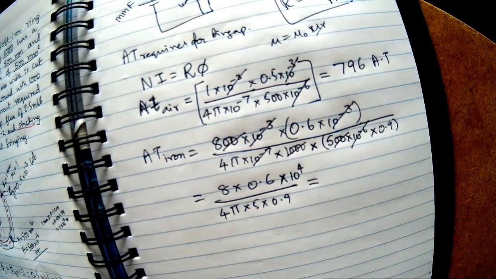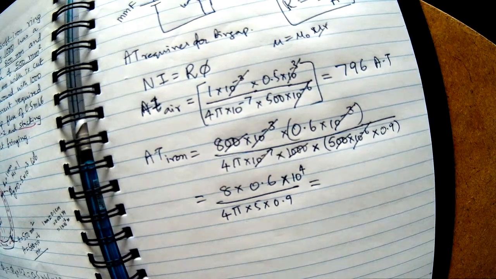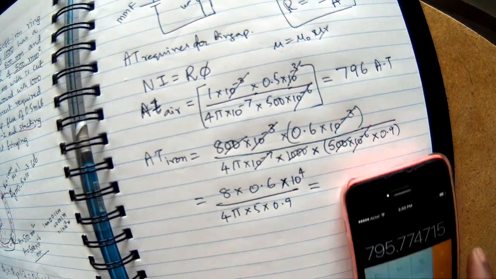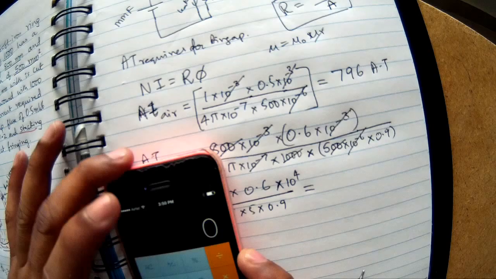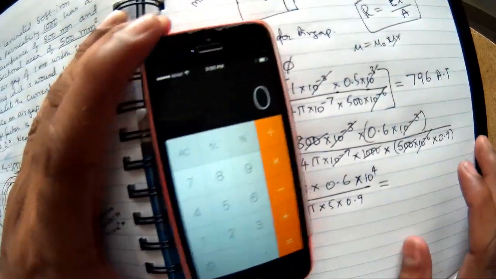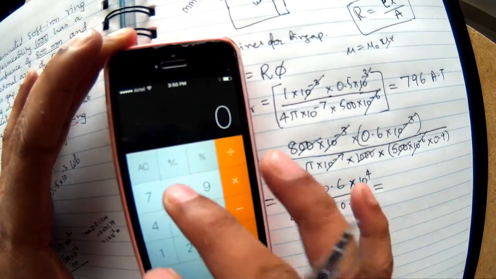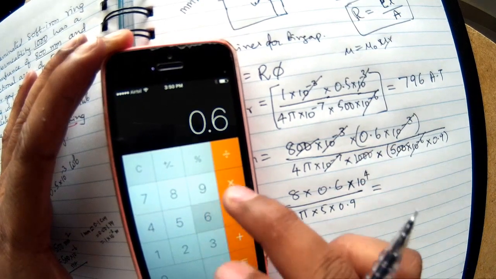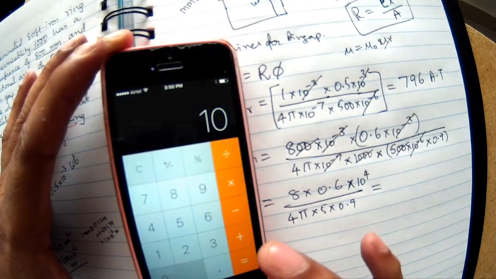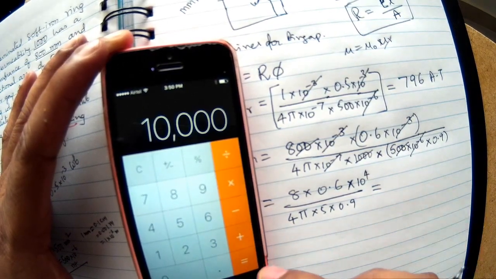So let me try that in the calculator. I have 8 multiplied by 0.6 multiplied by 1, 2, 3, 4 in the numerator.